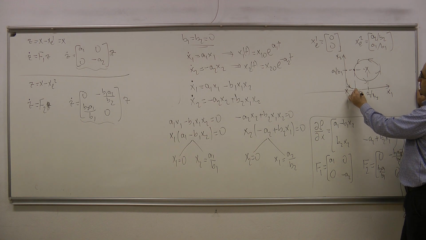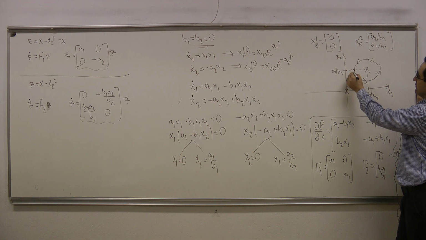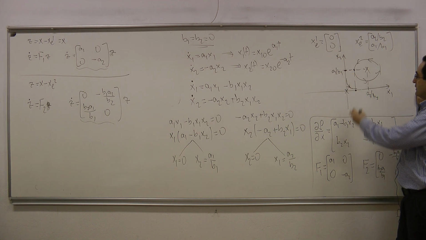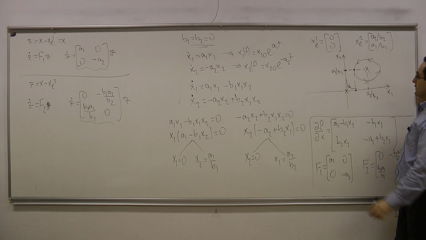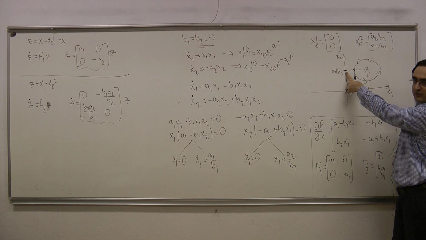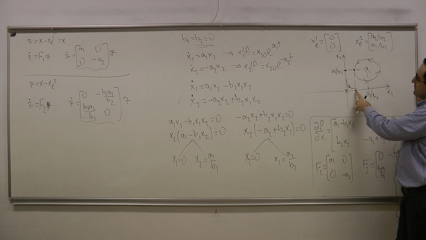The number of rabbits is this, the initial number of rabbits, and this is the initial number of foxes. If I start this system here, you see that there are really few rabbits and there are too many foxes. That means that the number of rabbits will not be really sufficient for the foxes.